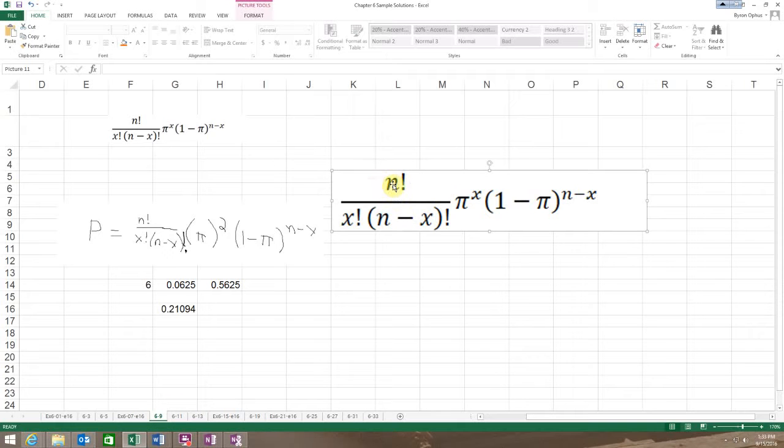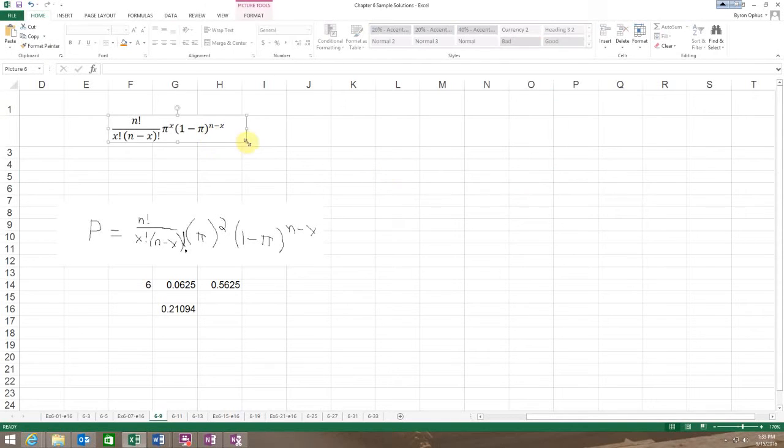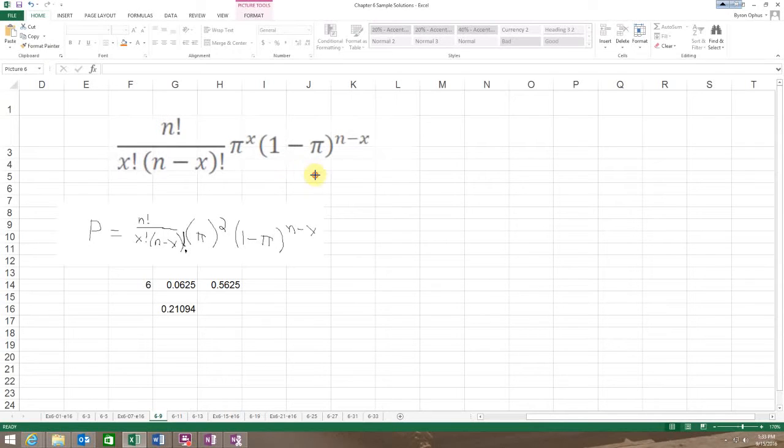Remember that our combination formula is equal to n factorial over x factorial times n minus x factorial. So I've just written that out, okay?